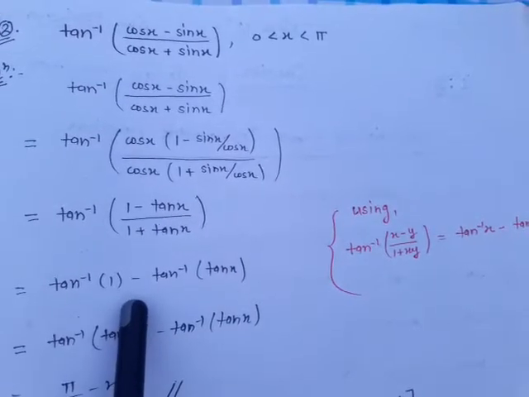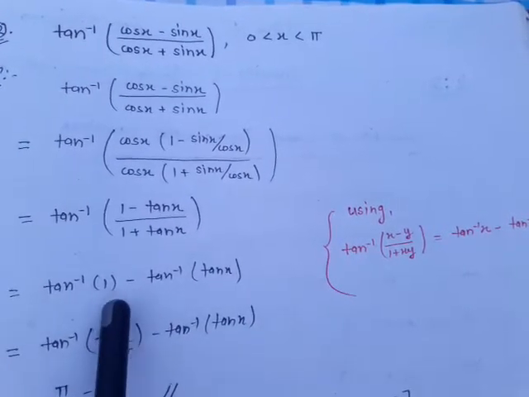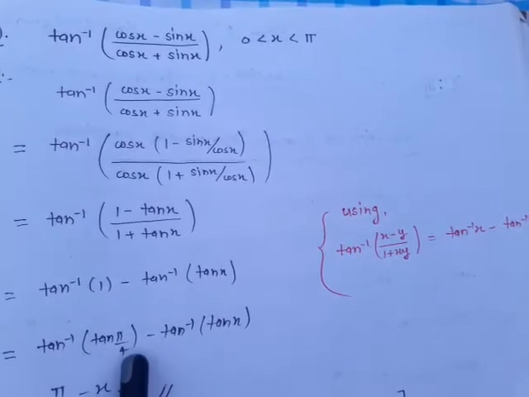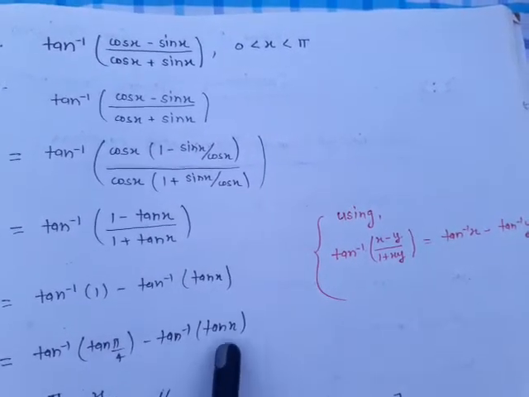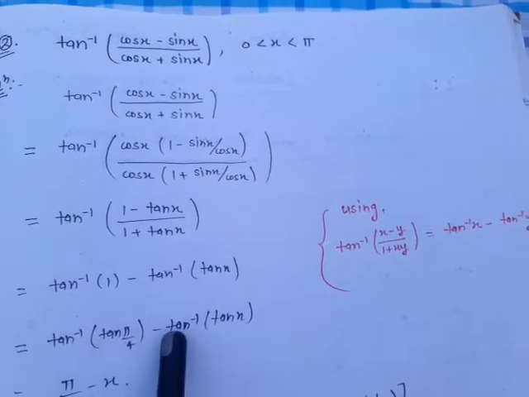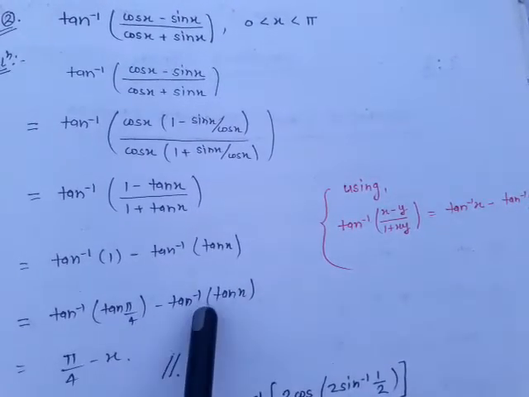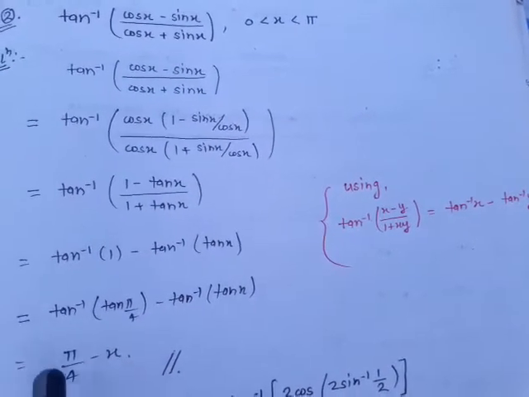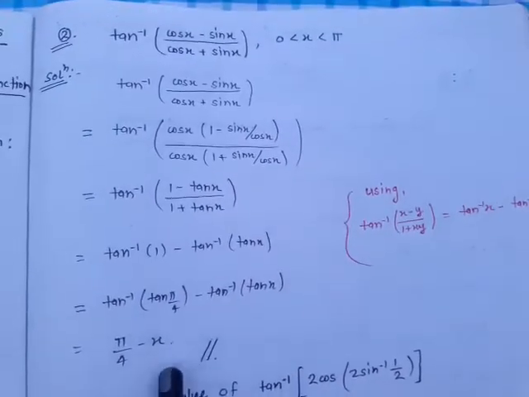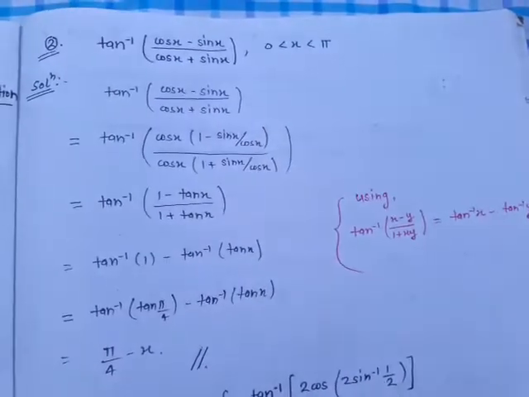We know that tan 45 gives 1. So in place of 1 we put tan pi by 4, and tan inverse tan x is copied. Tan inverse tan pi by 4 gives pi by 4, and tan inverse tan x gives x. So pi by 4 minus x is the simplest form of this question.